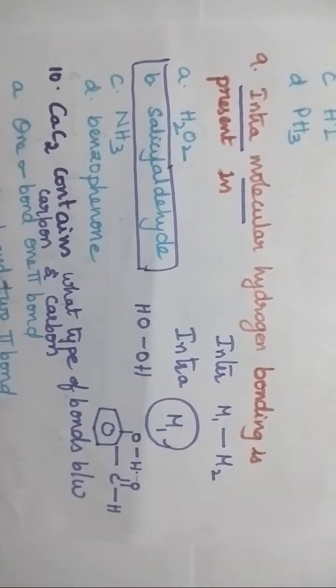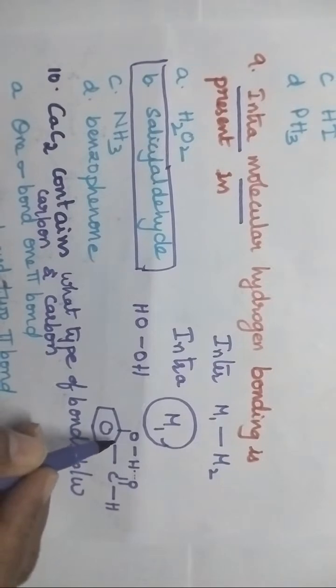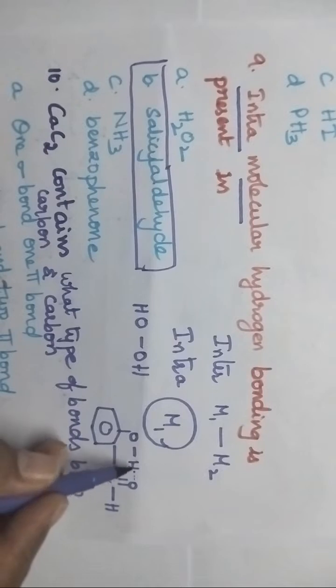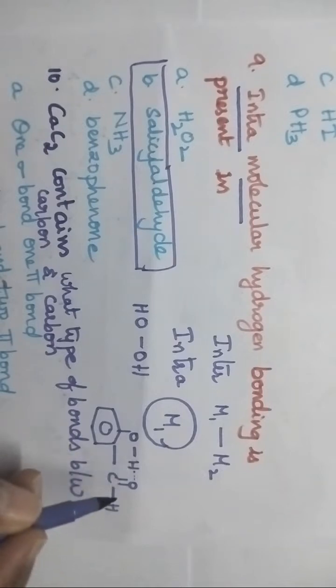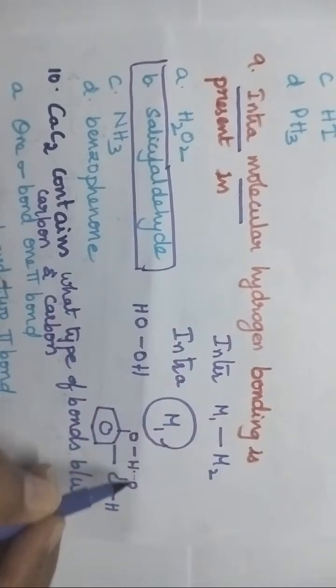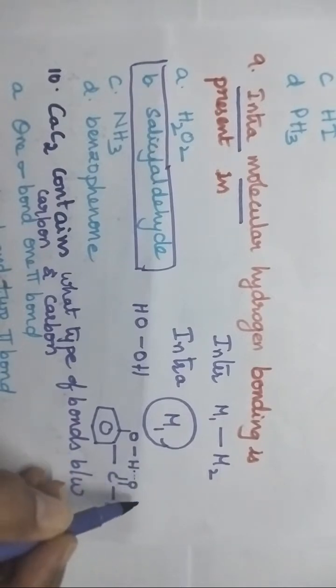So, coming to the structure of salicylaldehyde, on benzene nucleus, OH group and aldehyde group are present and they are very close to each other, with the result the hydrogen atom of the OH group and oxygen atom of aldehyde group will associate. So practically no bond is present, but they are very close to each other.